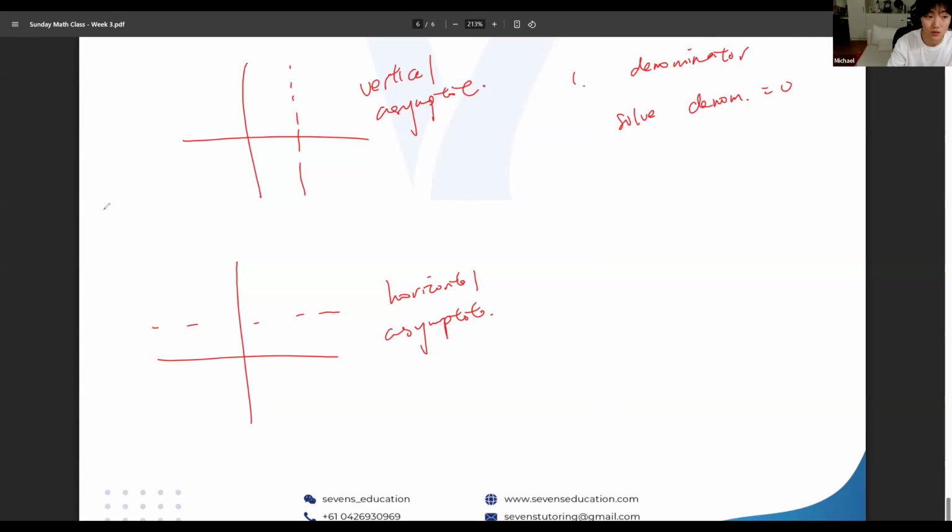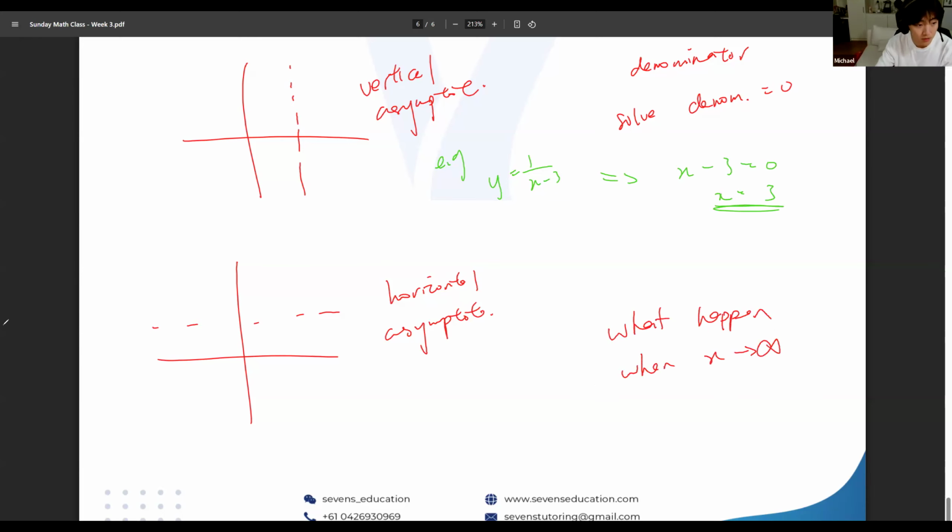The solution is the vertical asymptote. For example, we could have 1 over x minus 3. This gives us x minus 3 equals 0, so x equals 3. This is the vertical asymptote. For the horizontal asymptote, you ask yourself, what happens when x goes to infinity, when x gets very large? That's just the main thing we did today.